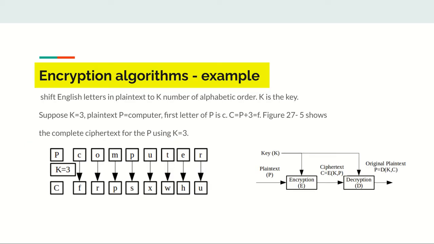This is a very simple example. P is the plain text, the original message or text, software or whatever, and K is the key. In this encryption method K becomes 3.